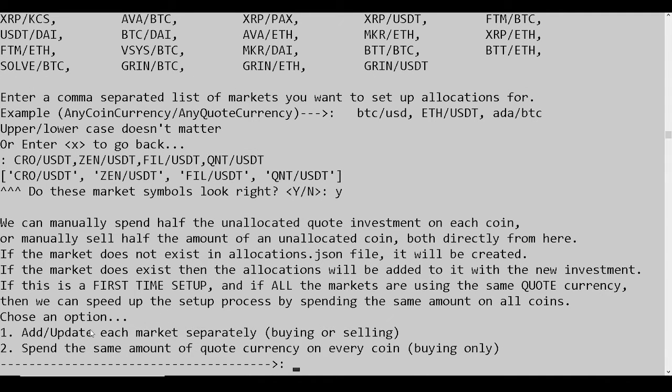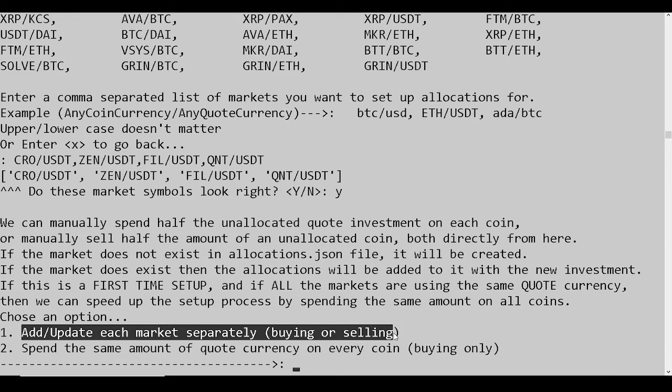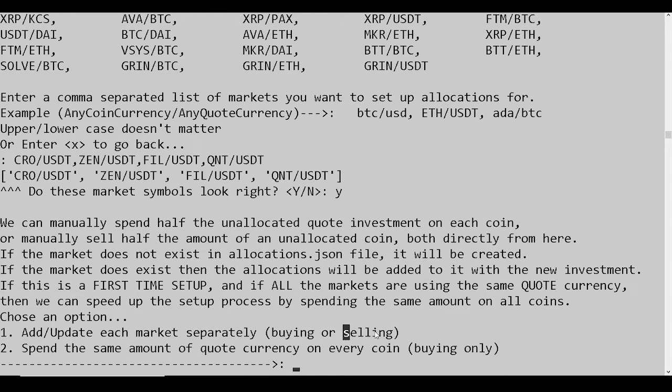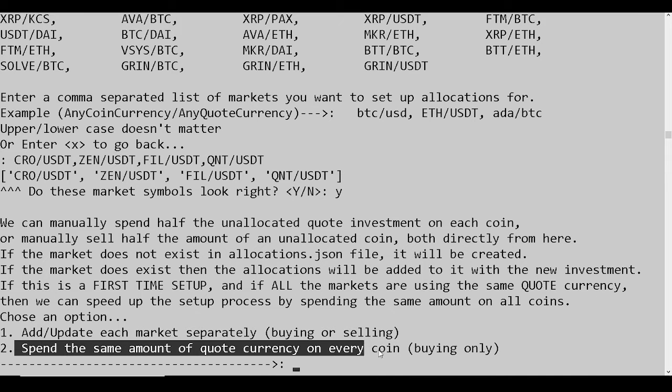You can either go through each coin separately, buying or selling. Let's say you have dollars and you want to buy coins. Or you might have some coin and sell half of it to dollars, and you can do that one by one with option 1. And on option 2, let's say this is a first-time setup, or you're adding a bunch of new markets and you want to spend the same amount of quote currency on every coin, you can do that.